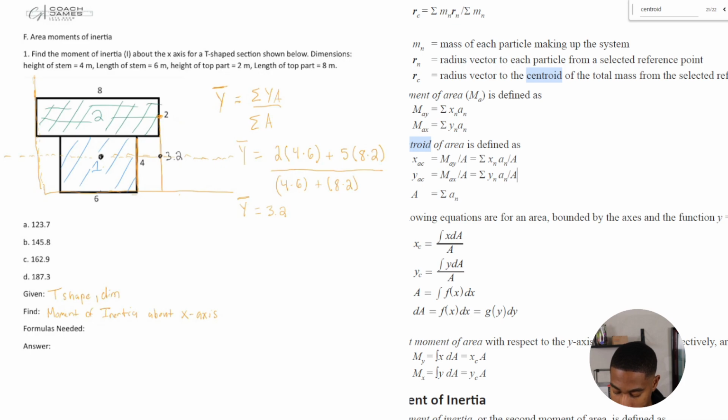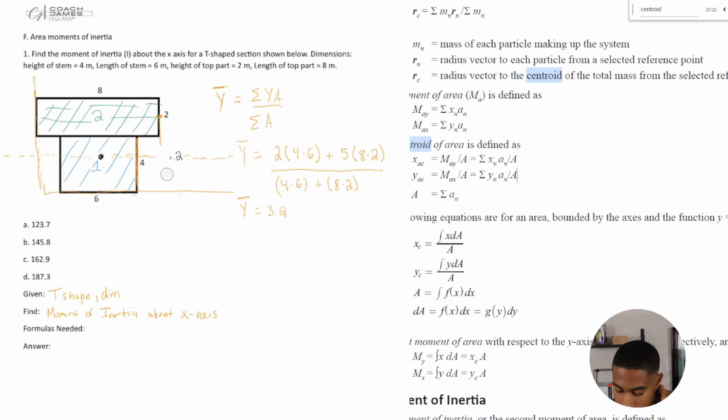Okay. So now that we have the centroid of our entire piece, how do we take that information and use it to help us get our moment of inertia? Well, we're going to use something called the parallel axis theorem.